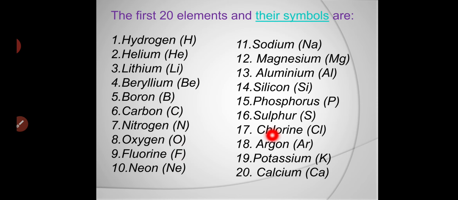If it contains a second letter, it will be a small letter. This is how to write the symbol, and it is very important that you remember these 20. If you remember them like tables, it is very useful for forming chemical reactions. I hope you are going to practice them.